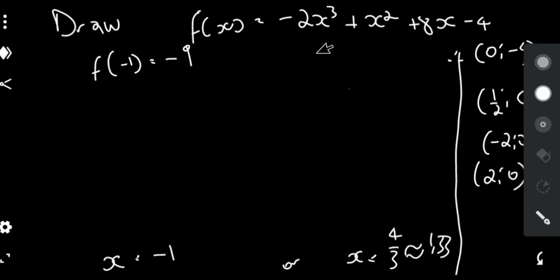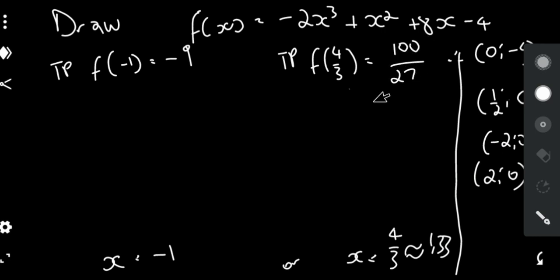For 4 over 3, remember this is also our turning point. So it's going to be 4 over 3, and the y-value is 100 over 27, which is approximately 3.7.